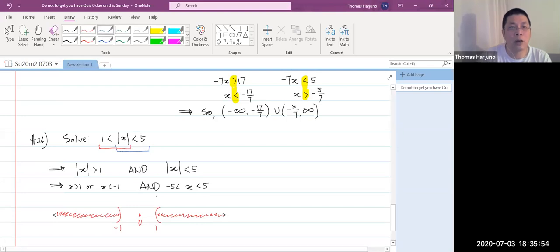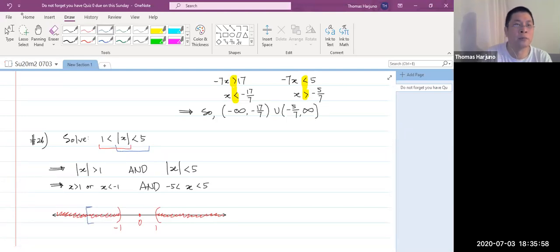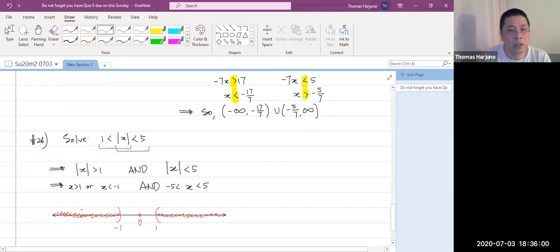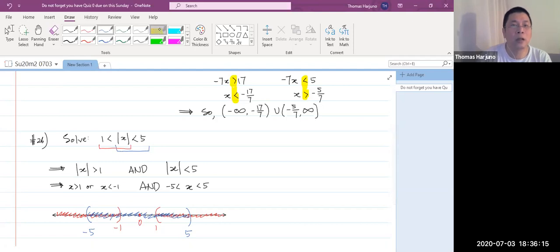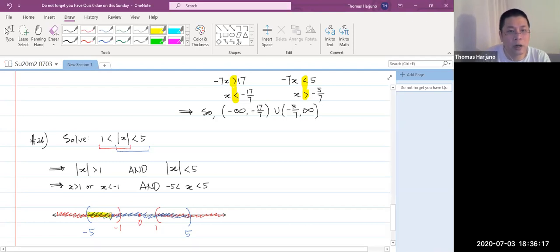Now the second requirement is that x is between negative 5 and 5. Now which part is double shaded? The part that is double shaded is this part here and this part here.